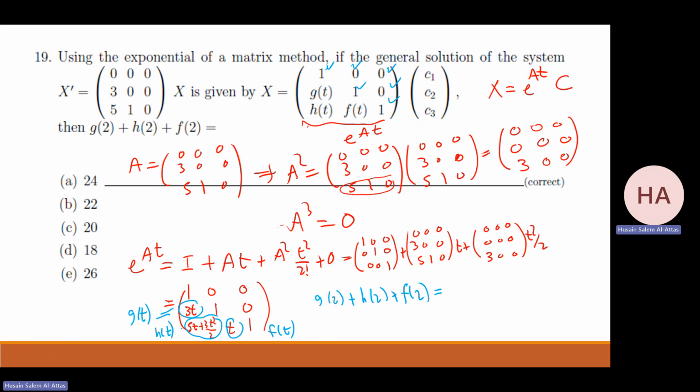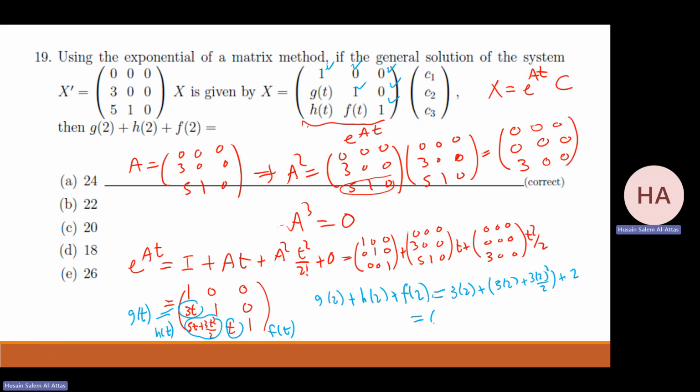So g at 2 is 3 times 2, which is 6. h at 2 is 5 times 2 plus 3 times 2 squared over 2, which is 10 plus 6 equals 16. And f at 2 is 2.